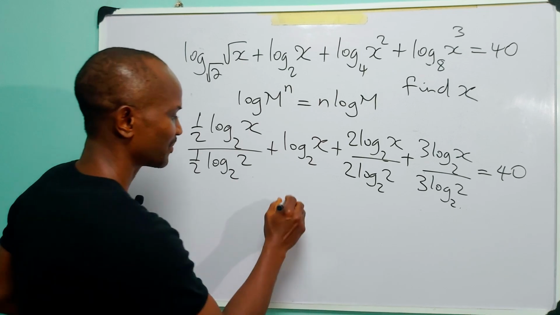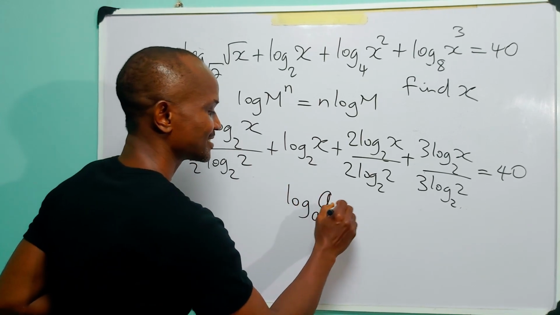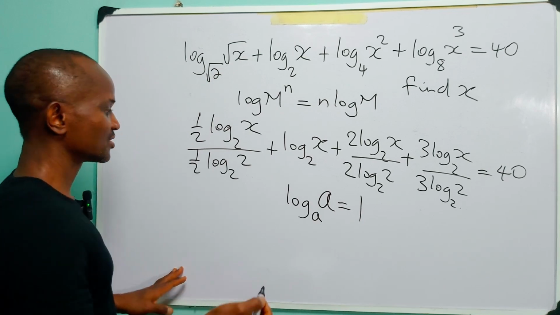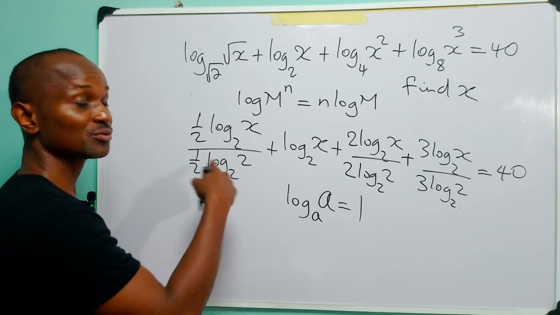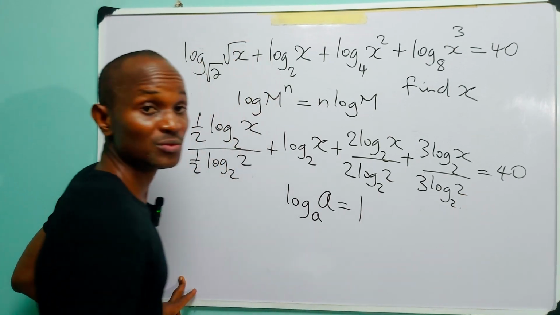Then let us also remember that log base a of a is equal to 1. So that means that log base 2 of 2 is 1.